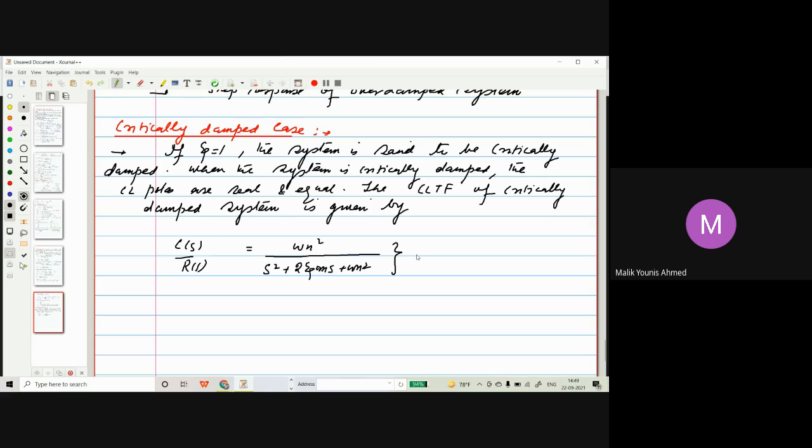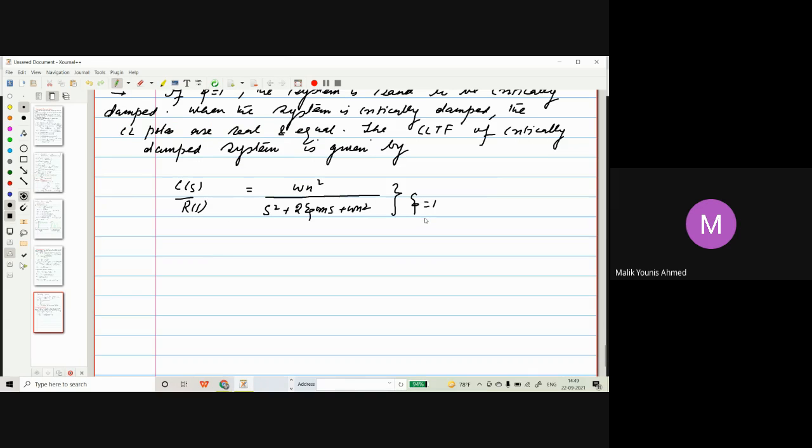Now we know that xi is equal to 1, so this will further become omega n square over s square plus 2 omega n s plus omega n square. We can further write it as omega n square divided by s plus omega n whole square.